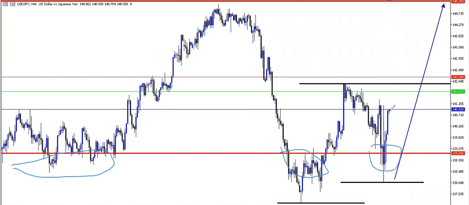So if I see something like change of character, or rather any reversal sign that you use, whether it's bullish engulfing, a hammer, or a chart pattern, just take note of this zone.